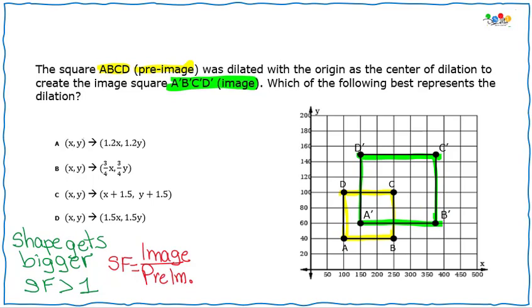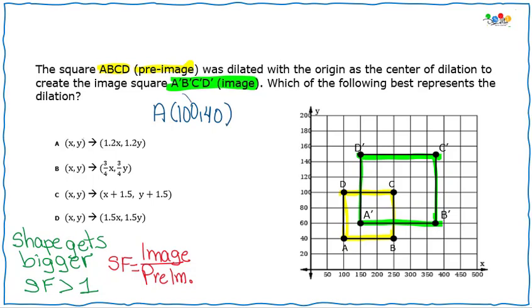Image over pre-image. So the first thing that I want to do is find some coordinates. I want to compare some of the coordinates. I'm going to start with A. And the coordinates for A will be 100 and 40. Very good.